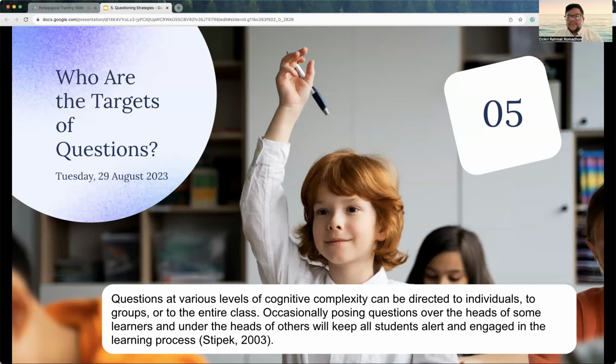So this will make the students alert all the time. So you have to pose questions, give wait time, and then you can choose the name randomly.